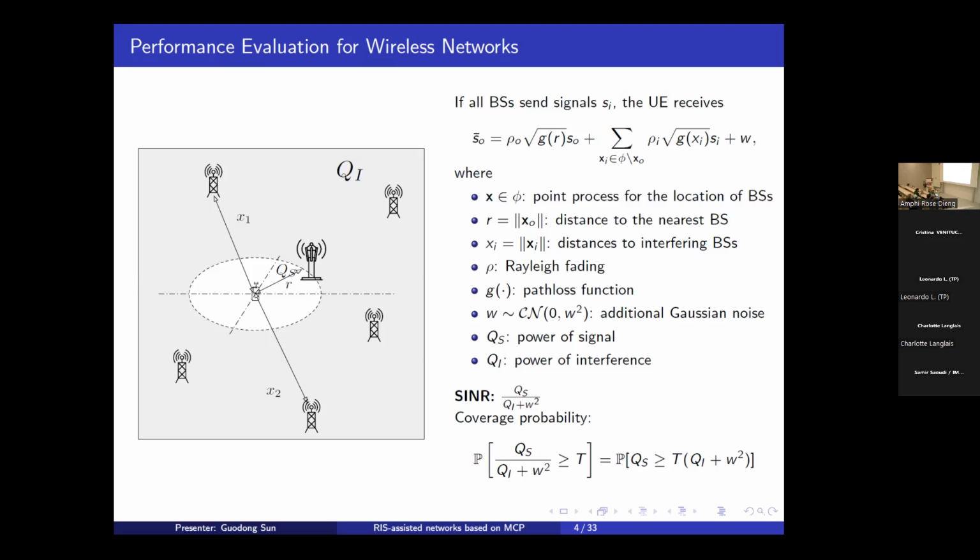There is a slight notational abuse: the power of the noise is denoted by W. So in this network you receive signal, interference and noise. To characterize the performance, we usually use the metric SINR, expressed as the power of the signal divided by the power of interference plus noise. Then how do we define coverage? It means when your SINR exceeds a threshold T, the tail distribution of SINR larger than the threshold T.